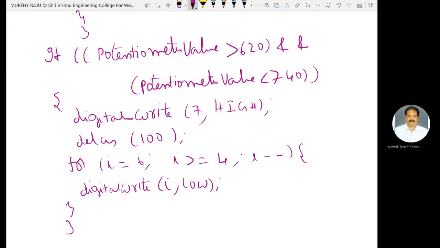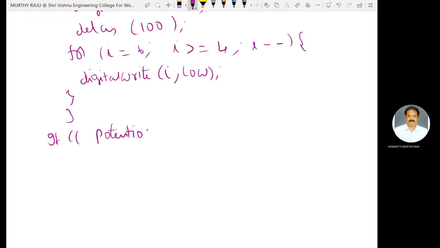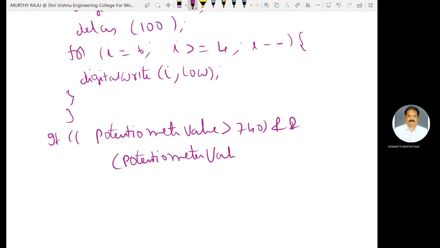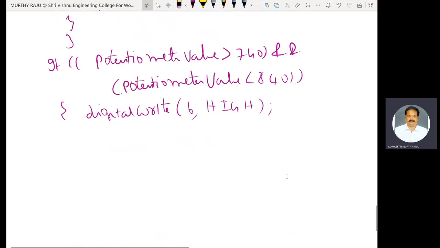Next one, three more LEDs are there. If potentiometer value greater than 740 and potentiometer value, digital write, the sixth pin is assigned to some LED, delay 100.